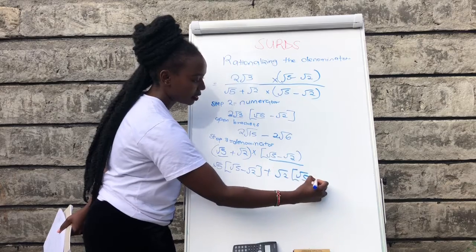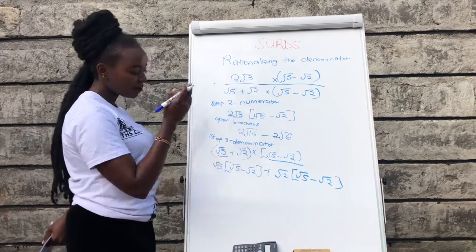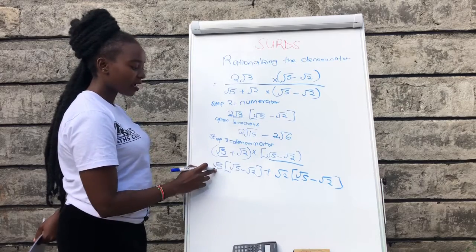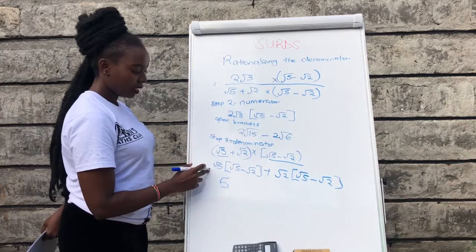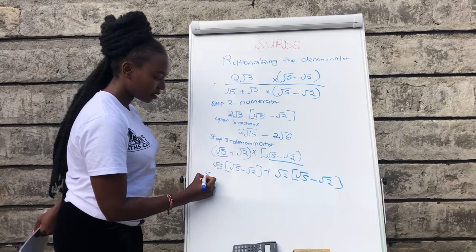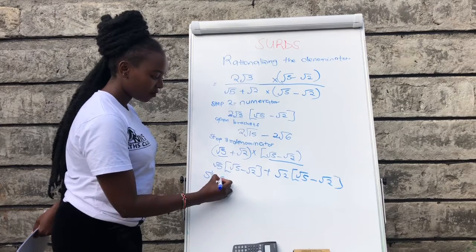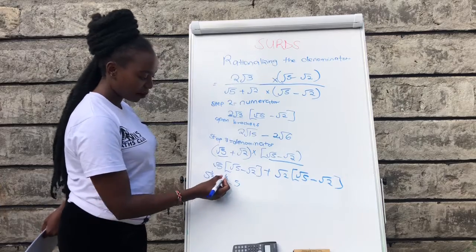So root 5 and root 5, like I said, these two numbers are alike, so it becomes automatically 5. Like we had done before, let me just do it so that you can understand. This is the same as 5 raised to a half times 5 raised to a half. Using indices, it becomes 5 raised to a half plus a half, 1.